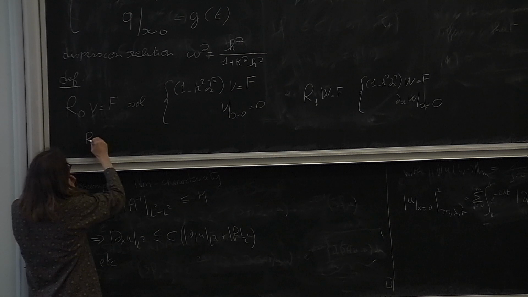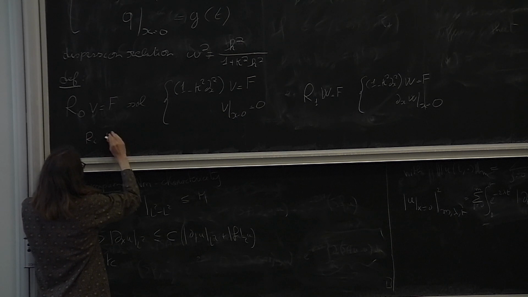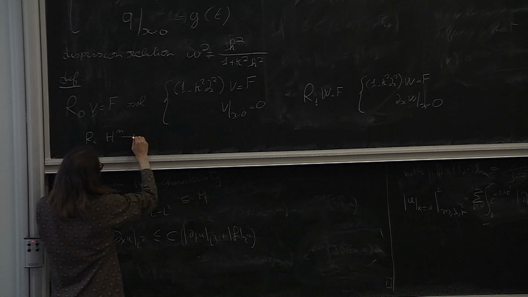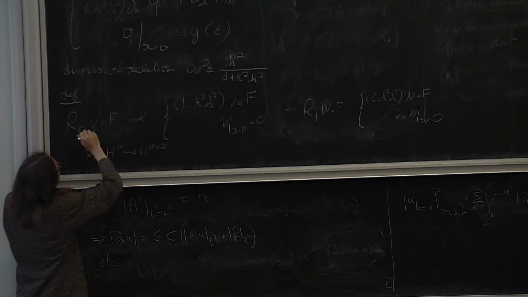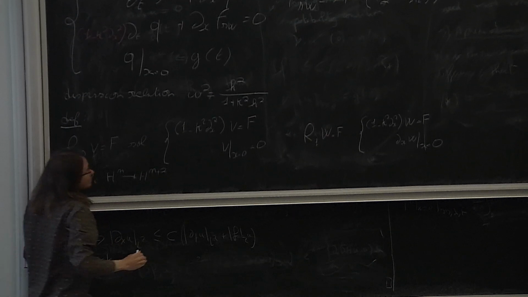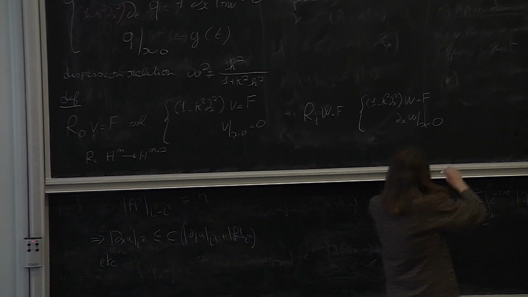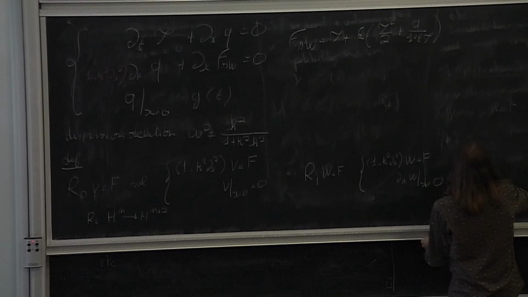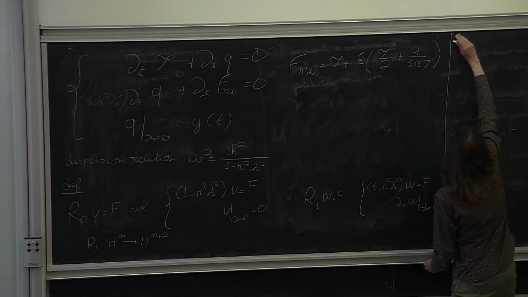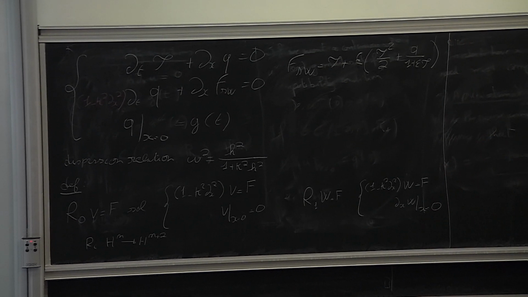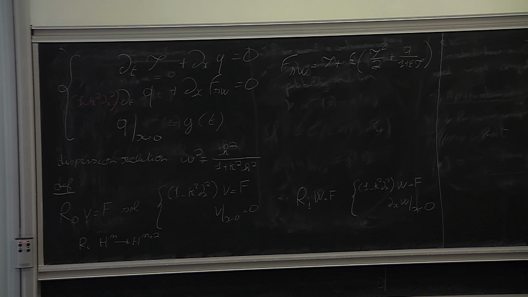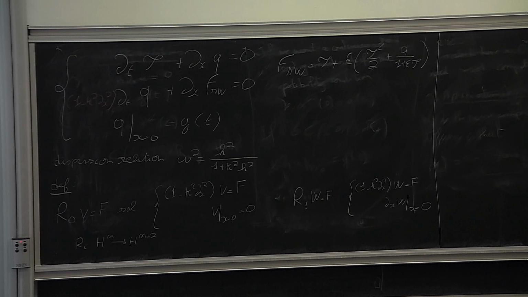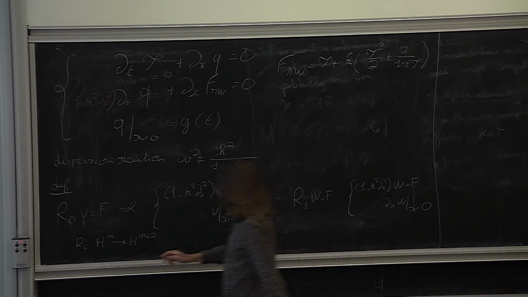It means that there is a regularization, and we will use this regularization to rewrite this equation as an ODE. So R0 and R1 are operators acting on F, and you associate V and W. Yes, exactly.